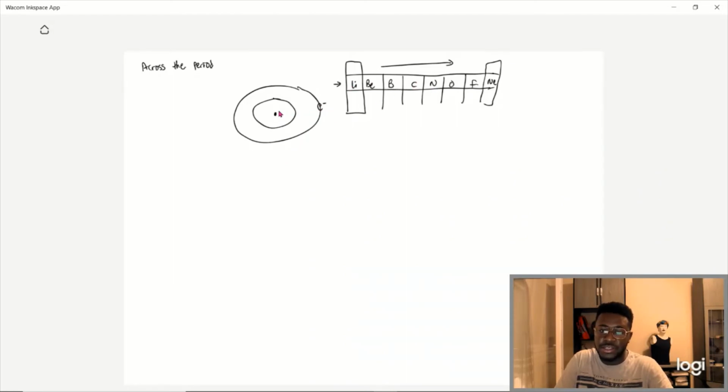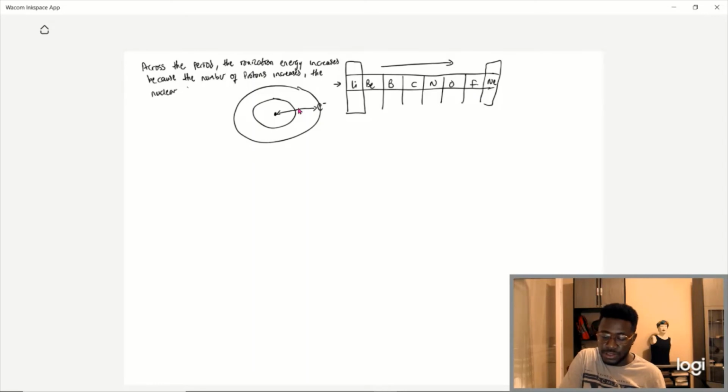So that's why ionization energy increases across the period, because this attraction is increasing. So across the period, the ionization energy increases because the number of protons increases. So the nuclear charge increases. Remember, the nuclear charge is the attraction between the protons and the outermost electron.